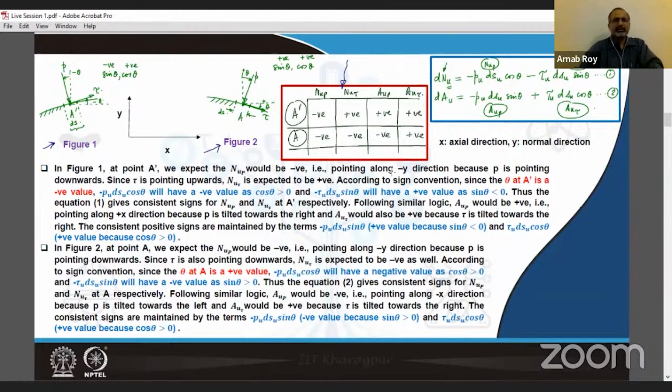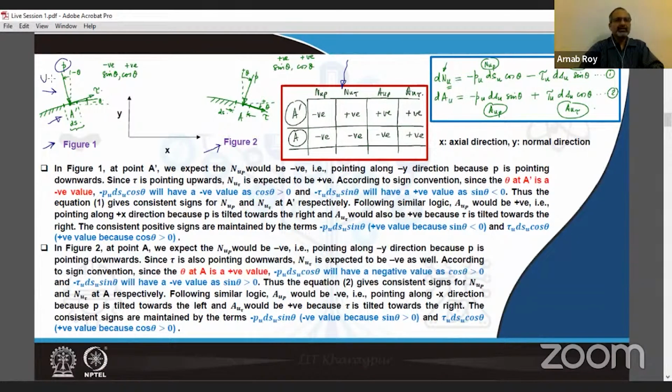So when we look at the physical argument part, for example, at a point like A dash, and you look at how pressure is acting on the surface, as you know, pressure always acts into the surface and normal to it, and shear stress always acts tangentially, in a sense that it tries to tug the body back when the flow takes place. Therefore, essentially, it is acting in the sense of the flow direction.